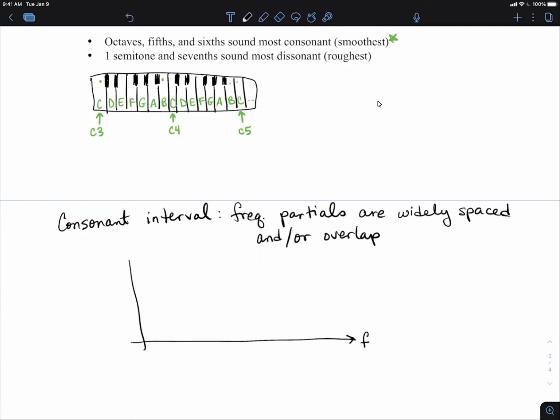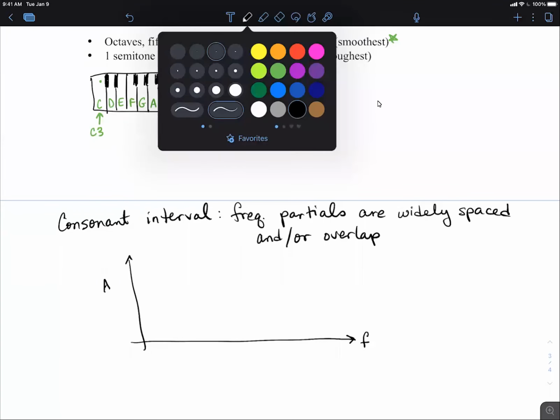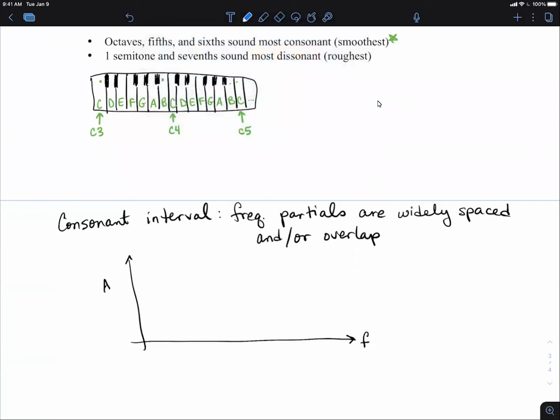I mean that if this is frequency, and this is the level or the amplitude, and I did a periodic signal on C3 or C4, then 260 hertz would be my first line.